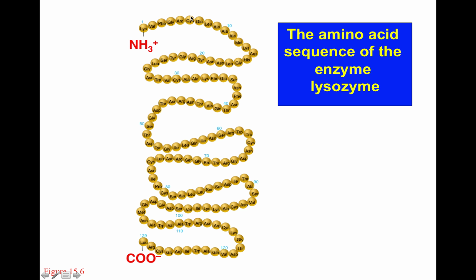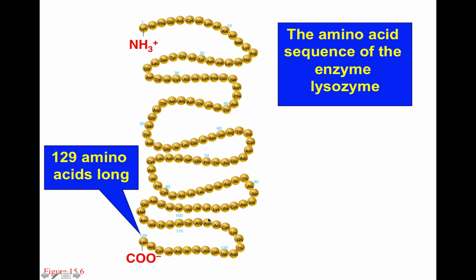So when you have finished synthesizing a polypeptide, adding one amino acid after another, you end up with a long chain of amino acids that is the protein, with the amino terminus corresponding to the 5' end of the messenger RNA and the carboxy end corresponding to the 3' end.